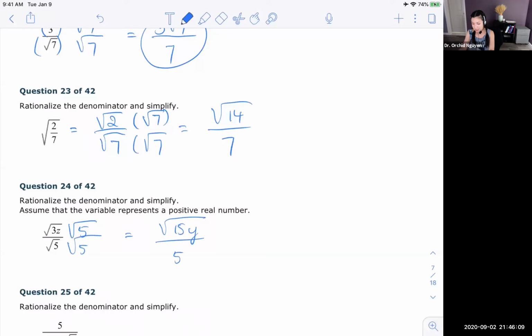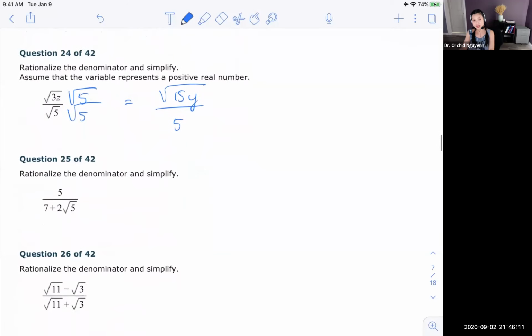Okay, now for the next one, we can't simply multiply by square root of 5 because we have 2 terms. So what we need is the conjugate. We're going to multiply top and bottom by the conjugate. In this case, the conjugate is 7 minus 2 square root of 5.